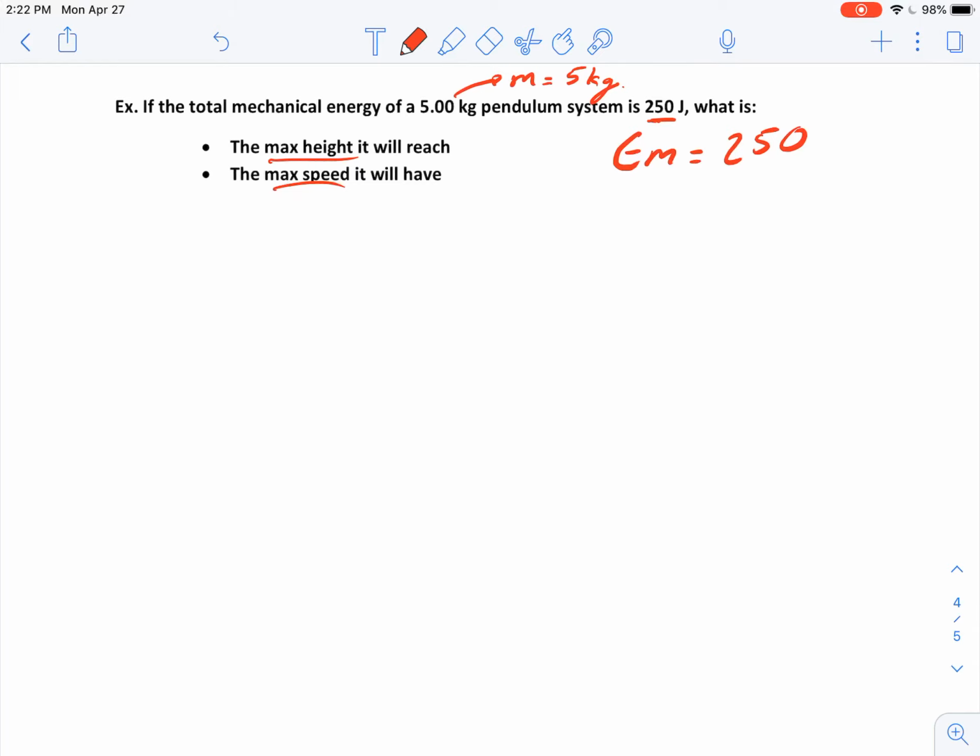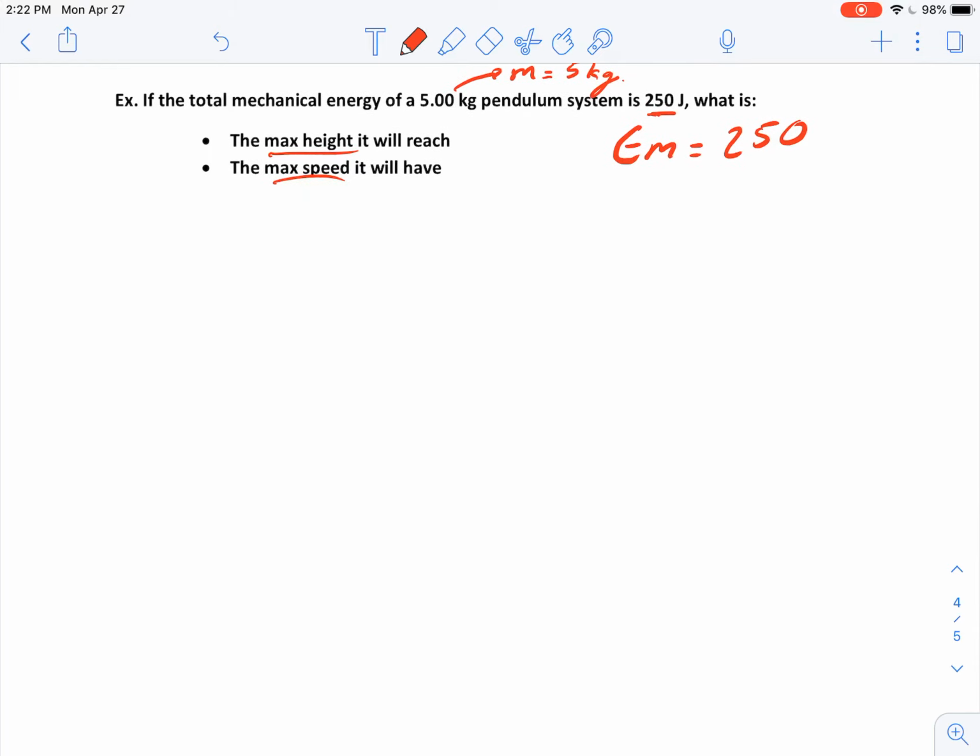Let's take a look at our pendulum. So, at the highest point up here, we have some height. And at the lowest point here, we have no height, but we do have speed. I'm going to put this as 0.1. I'm going to put this as 0.2.